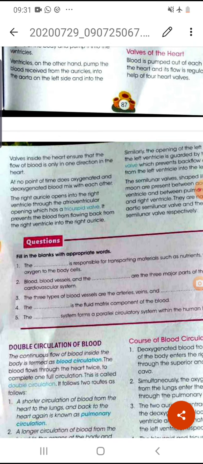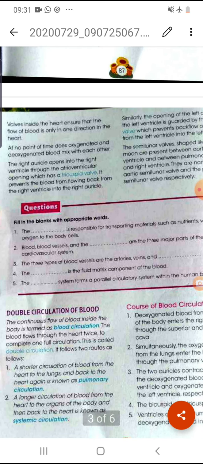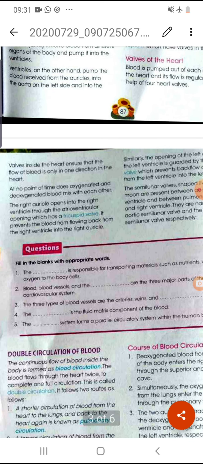So at no point of time does oxygenated blood and deoxygenated blood mix with each other. If they mixed, then no pure blood would flow into different organs, right? So valves protect the oxygenated and deoxygenated blood from mixing up.